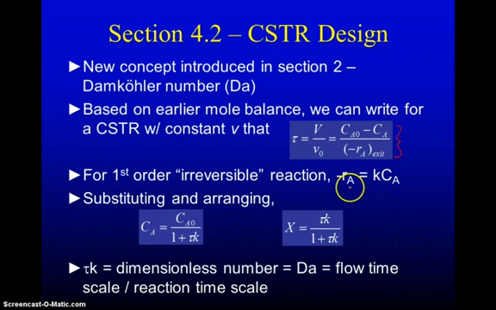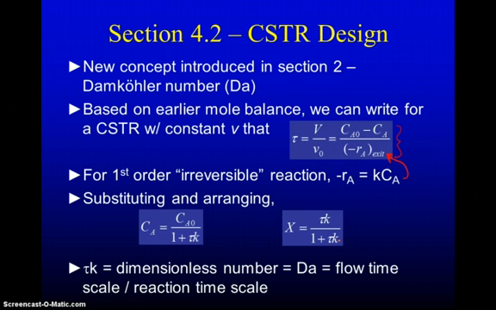The rate of consumption for a first-order irreversible reaction is a rate coefficient times the concentration of A. So if we put that into this expression and rearrange it, we can write that the concentration of A is C_A0 over 1 plus tau K, or the conversion is tau K over 1 plus tau K.